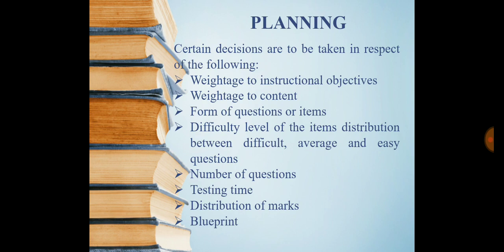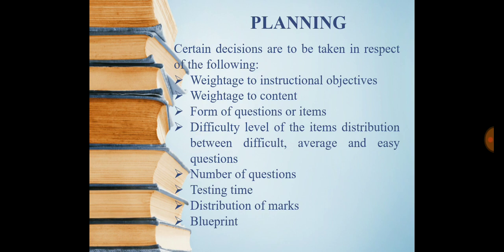Certain decisions are to be taken in respect of number 1, weightage to instructional objectives. In this regard, the test constructor is to identify the objectives and put them in clear behavioral terms. Relative weightage is to be given to the objectives, and this is usually decided on the basis of weightage given to the objectives at the time of teaching.